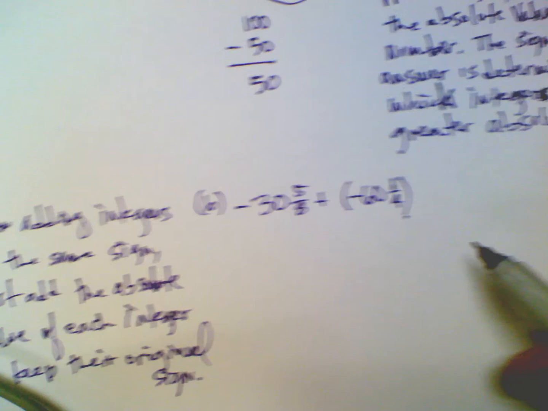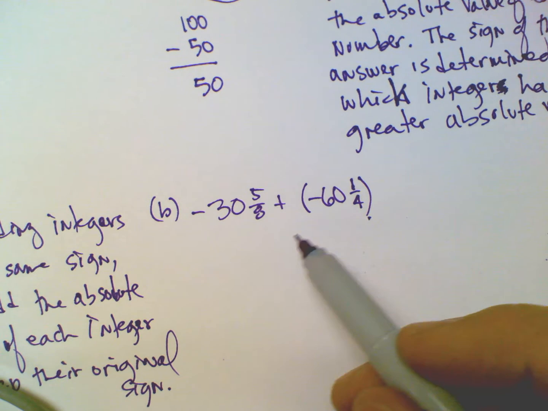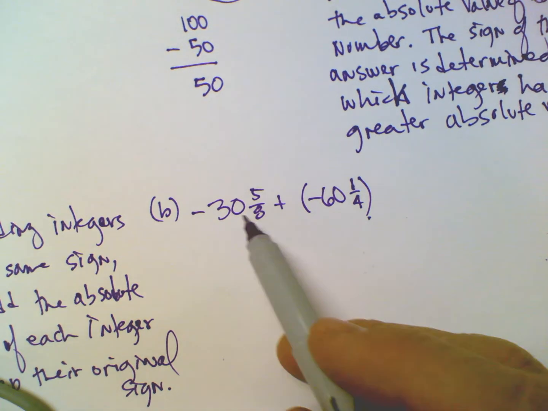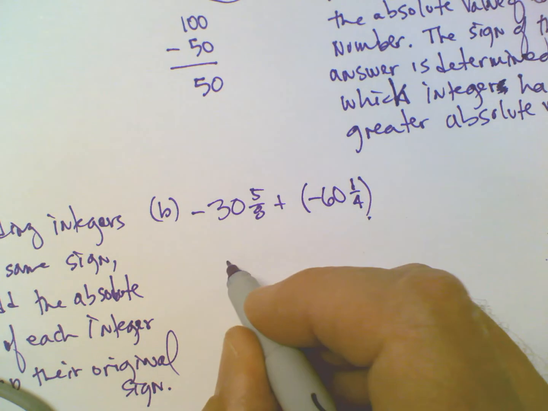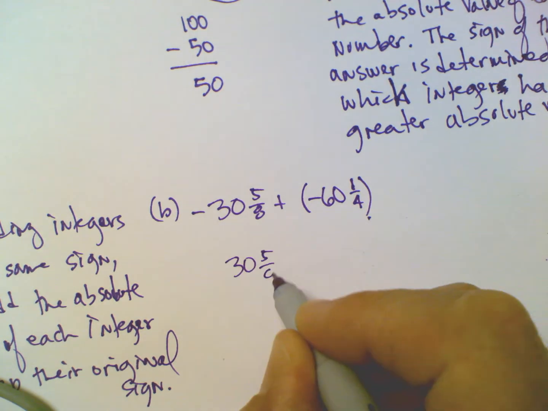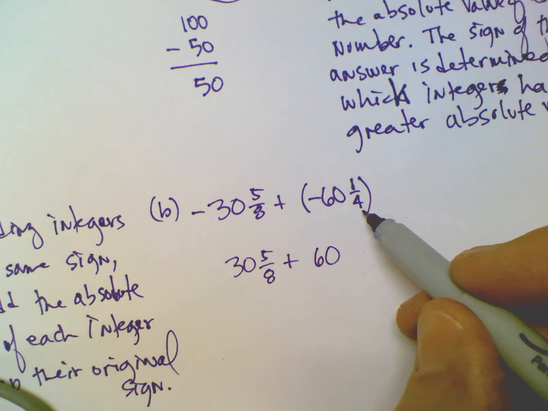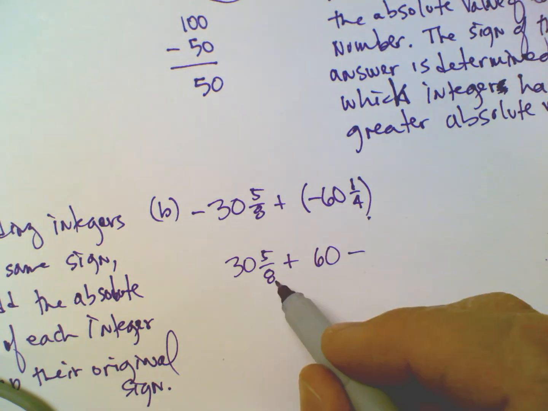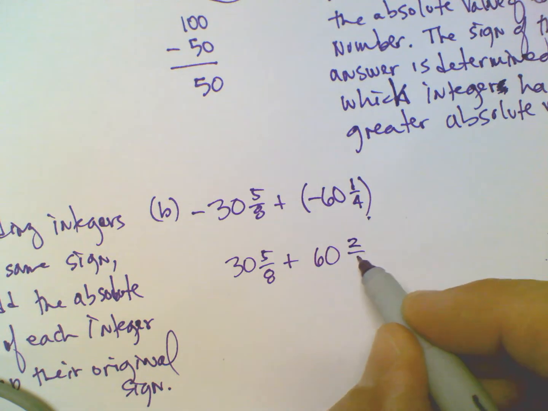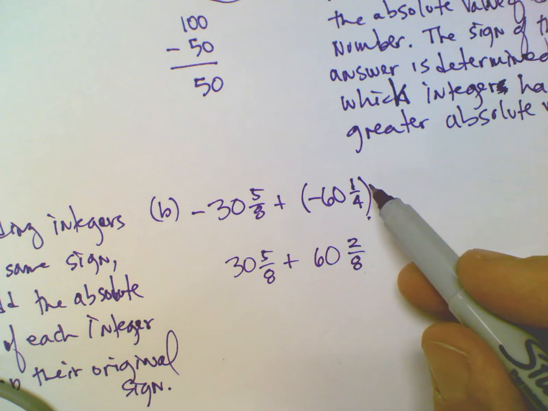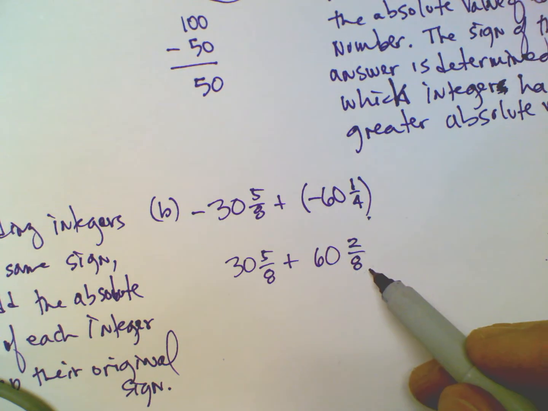Right here, those are two negative numbers, so I'm going to ignore the negatives because I want to just deal with the absolute value. What is 30 and 5/8 plus 60 and 1/4? I could rewrite 1/4 as 2/8, because you multiply top and bottom by 2 to get the common denominator.